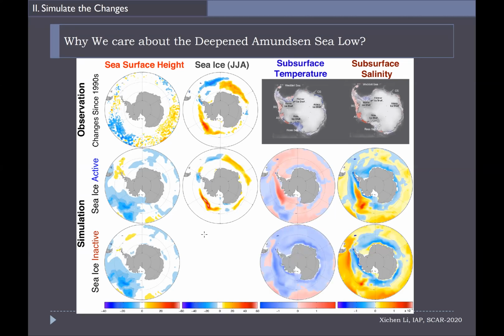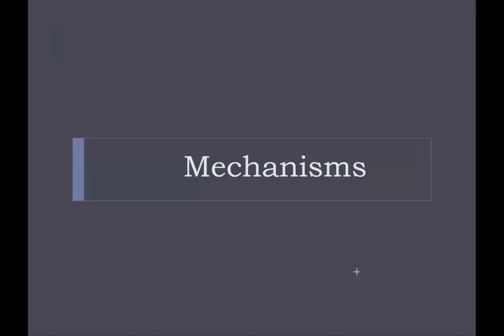But the subsurface temperature and salinity changes are totally different from what we observed and simulated in the sea ice active simulation. We no longer have subsurface temperature warming around West Antarctica. So what is the mechanism? We really care about what happened in the model or in the real world.